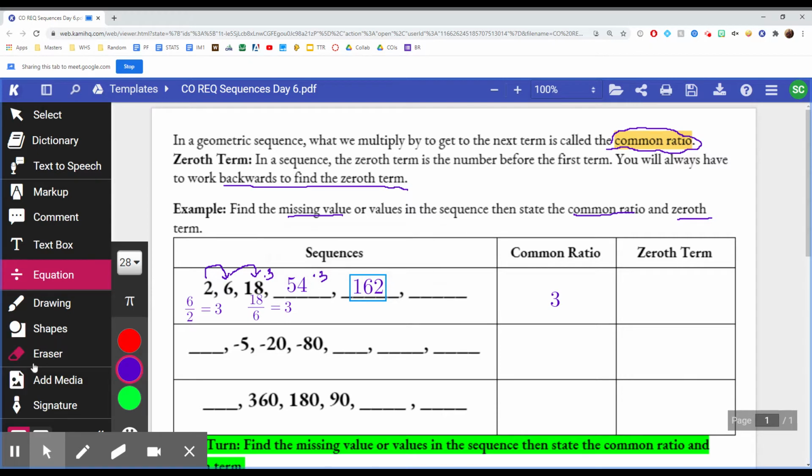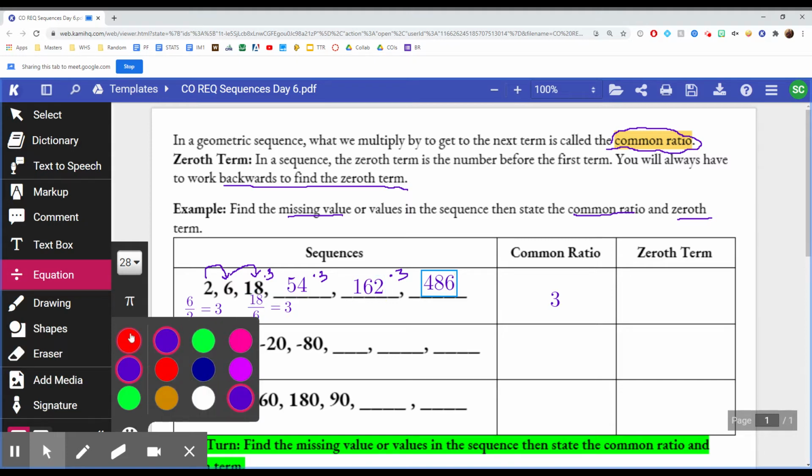Then I have one more blank, so 162 multiplied by 3 gives me a total of 486. And that completes the first sequence.